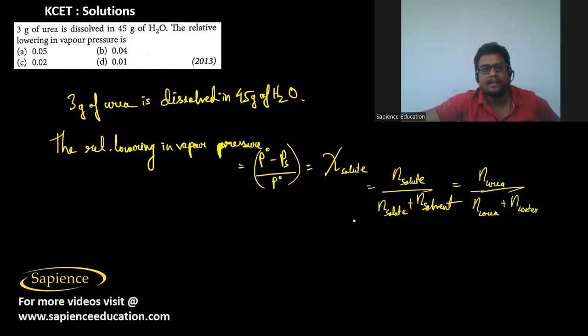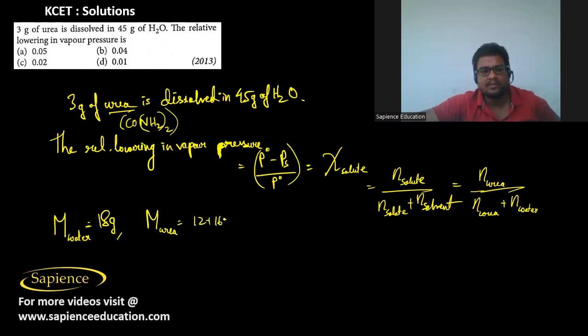The molar mass of water is 18 gram, as we know, and the molar mass of urea, CONH2 whole 2, is 12 plus 16 plus 14 plus 2 into 2, so that will be 28 plus 32, which is 60 gram.